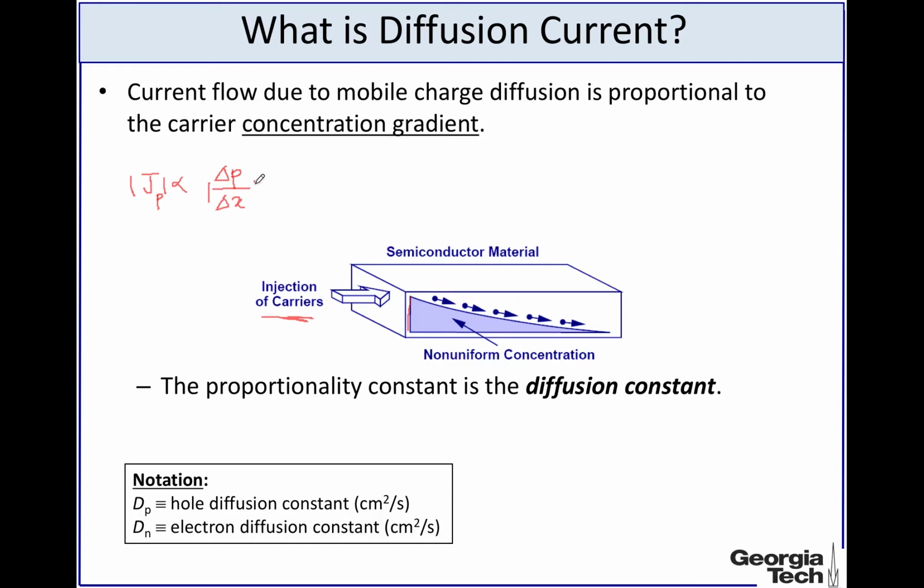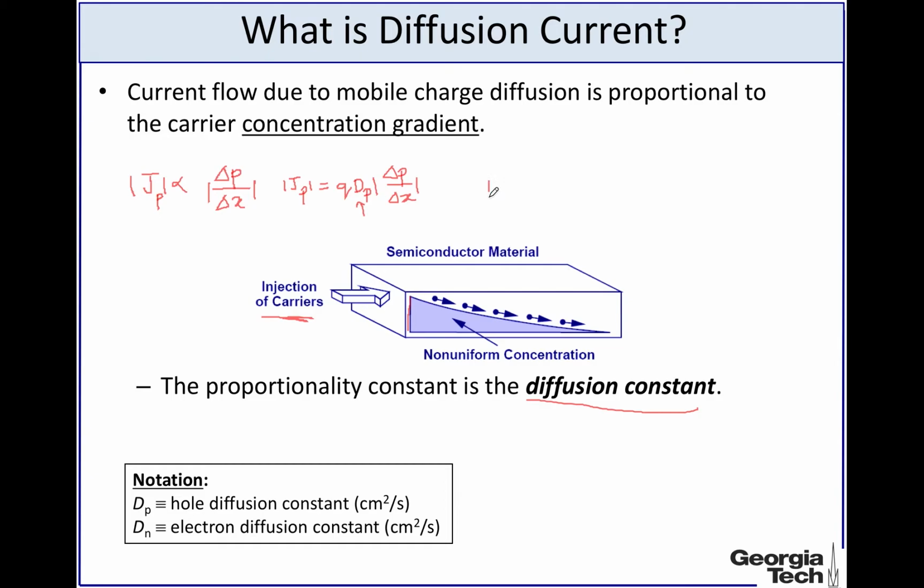So the diffusion current due to the holes will be proportional to delta p divided by delta x, and this proportionality constant is usually written like this: Jp equals q Dp delta p over delta x, and for the sake of simplicity we'll just consider the magnitude here. This proportionality constant is called the diffusion constant.